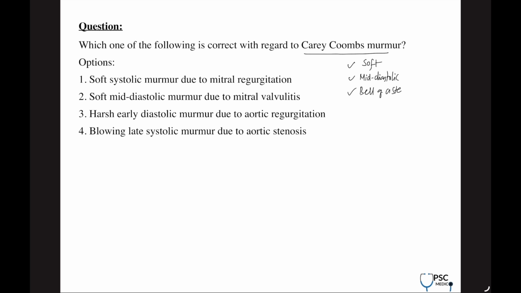It is seen mainly during an episode of acute rheumatic fever, if there is mitral valvulitis. Soft, mid-diastolic, bell of a stethoscope, mitral valvulitis. Right. So this is Carey Coombs murmur. So the correct answer is option 2.